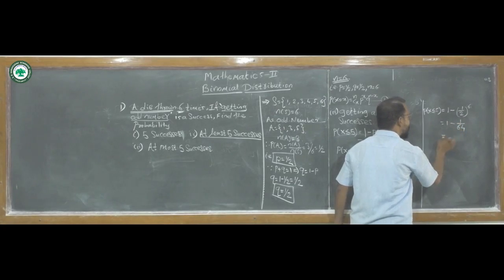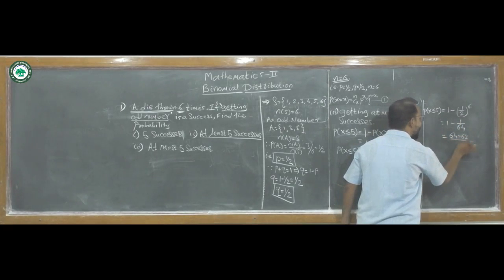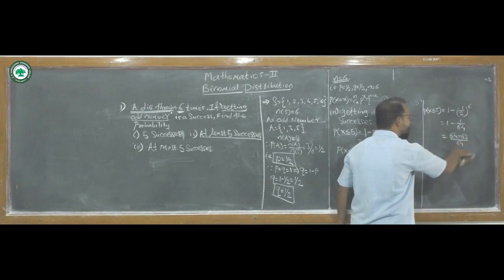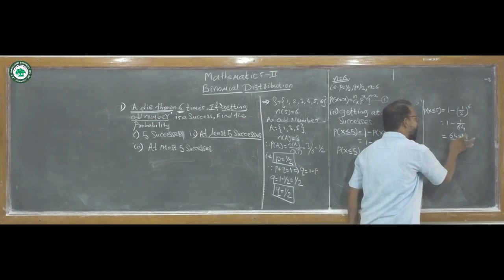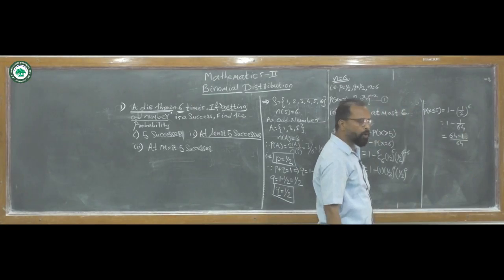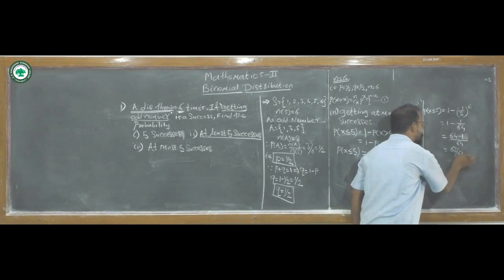Taking cross multiplication, it gives 64 minus 1 over 64, that is 63/64.